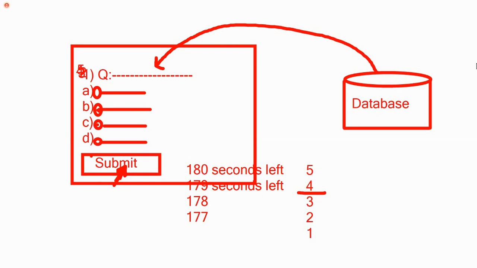If you don't know, you will say guess and click. Even if you don't know the answer, in the last seconds you will select one answer and click. Like that you'll do. Now, the question is coming from the database.